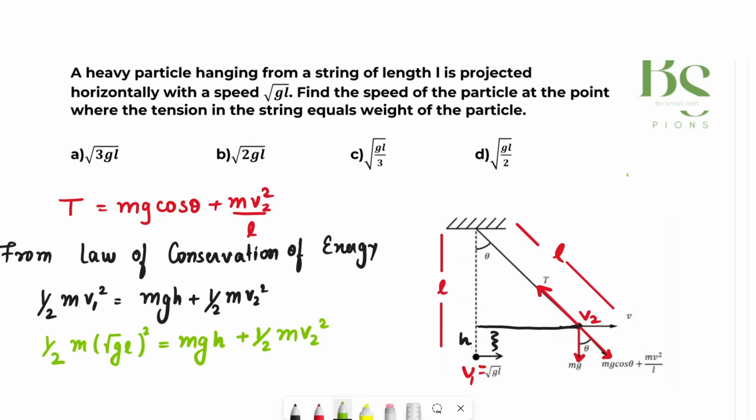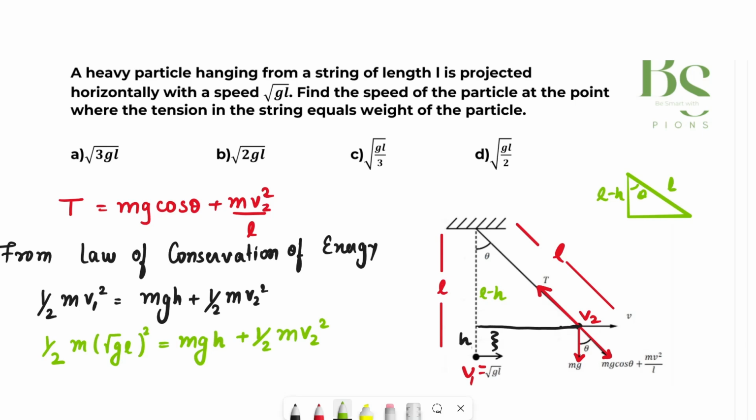So we have a right angle triangle. This is L. Oh wait, this is not L, this is L minus h. If that whole thing is L and this is the height h, then this side will be L minus h. And this is angle theta.